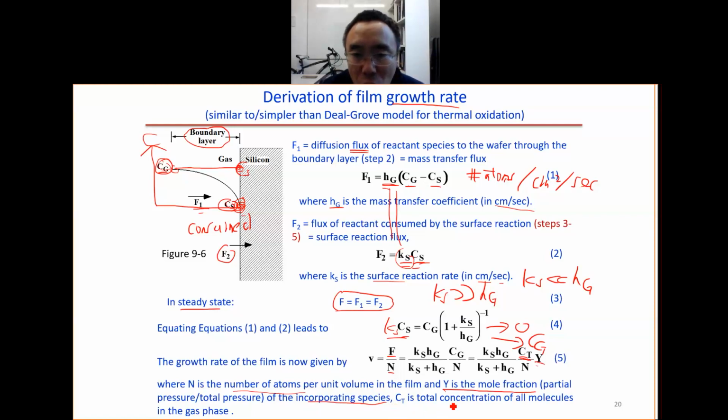Ct is the total concentration of all molecules, and Y is the fraction of the molecules that is involved in the chemical reaction. So basically, Ct times Y equals Cg.